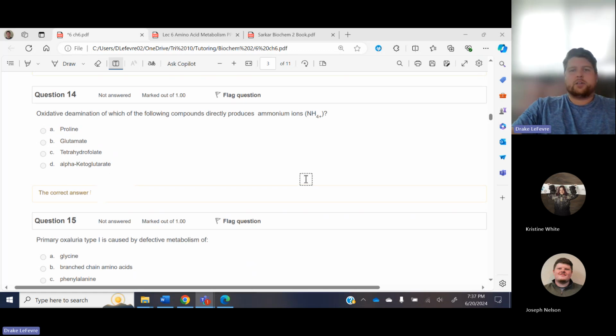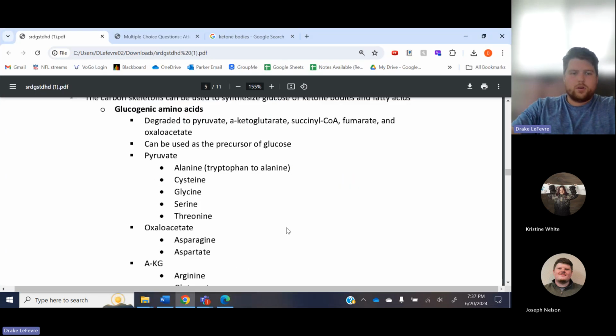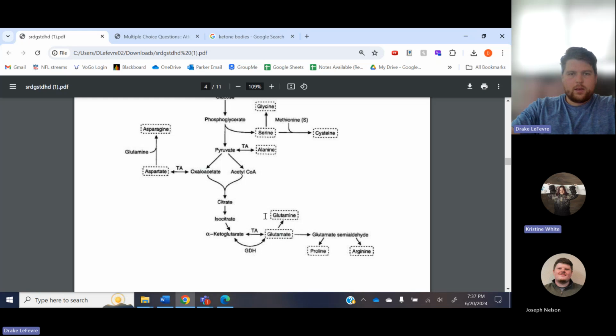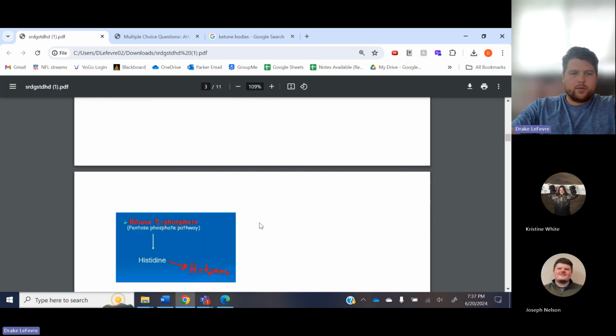Oxidative deamination of which of the following compounds directly produces ammonium ions? Okay, let's look back at our whole chart. Ammonia.